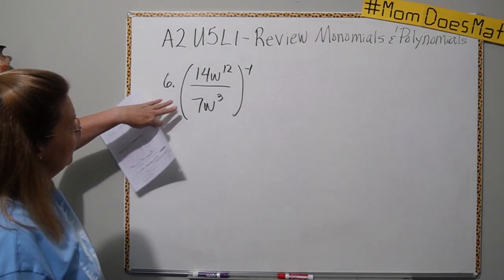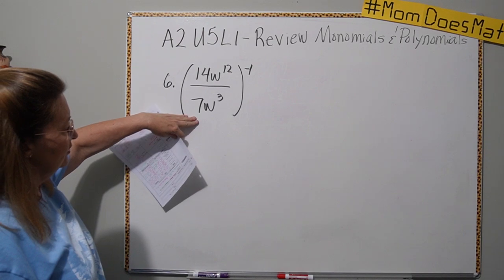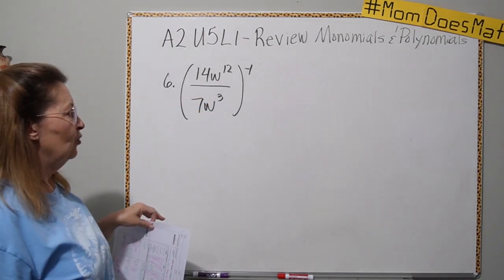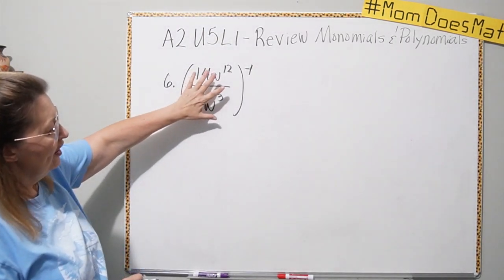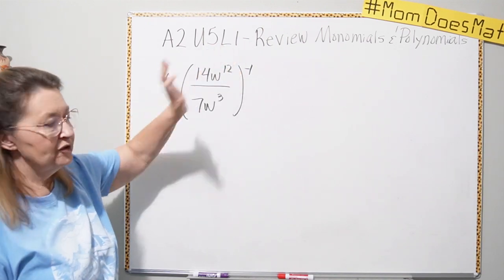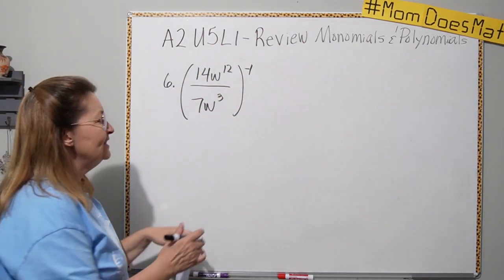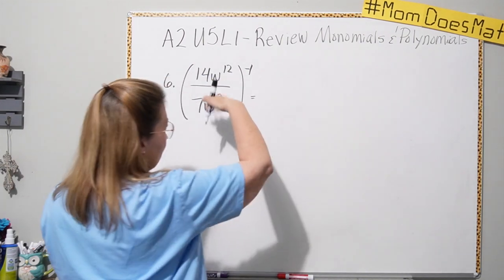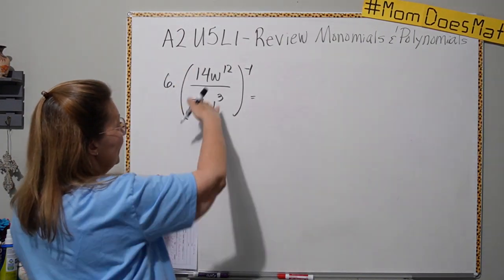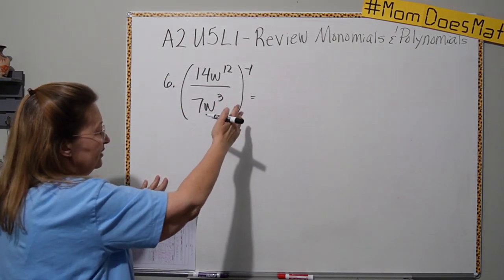Okay, number 6, 14w to the 12th over 7w cubed, all to the negative 1 power. Anytime you have a whole fraction raised to a negative 1 power, or a negative power, whatever, the easiest thing to do before you ever start trying to simplify anything, now you can simplify in here, and we're going to do that in just a second.